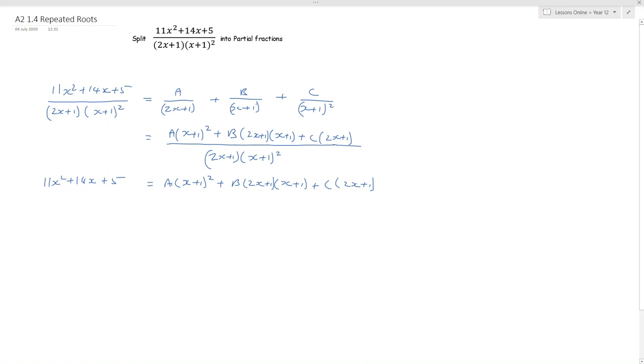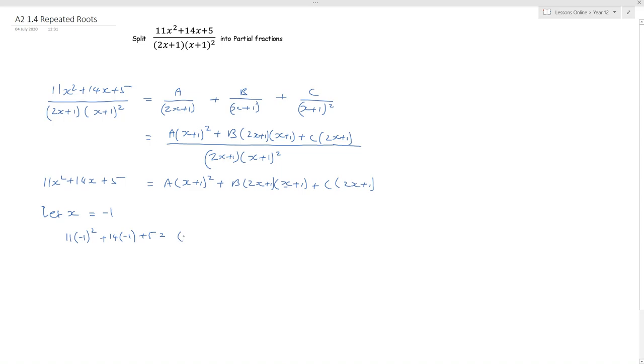In order to find what they are, we need to eliminate two of them. So in the first instance, if I make x equal to minus 1, I'll get rid of the A term and I'll get rid of the B term. So let's try that. Let x equal minus 1. Then we have on the left hand side 11 times minus 1 squared plus 14 times minus 1 plus 5 equals A goes to 0 because minus 1 plus 1 gives me 0, and B goes to 0 for the same reason.